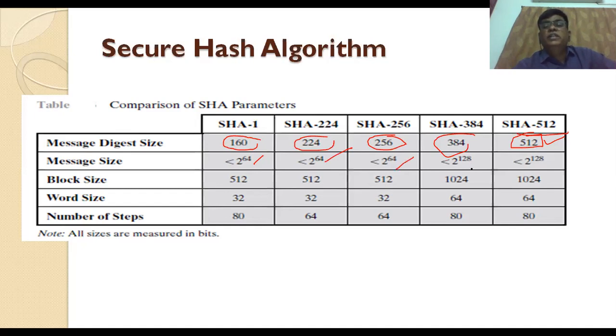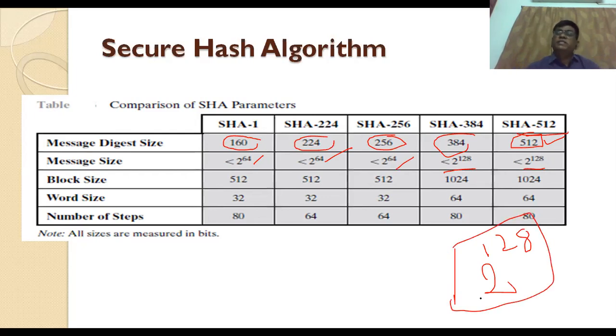But in SHA-384 and SHA-512, the message size can be less than 2 power 128 bits. 2 power 128 bits is a very large size, a very big value, so this size is enough. We cannot enter more than this size either. That's why the SHA-512 algorithm is advanced and useful for us.